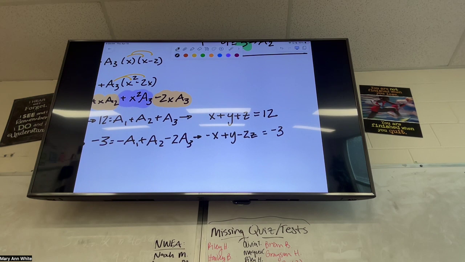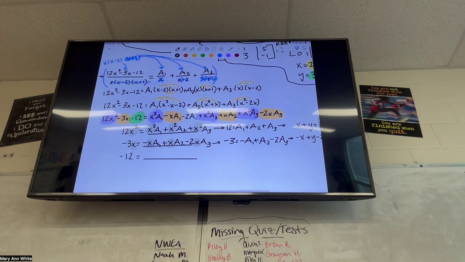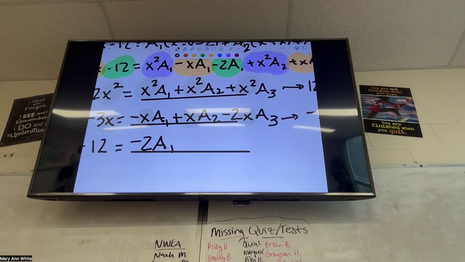See how we're kind of getting to the place that we're used to seeing. Last one. And if you notice, I don't have a lot left. Now I'm doing constants. I've got negative 12. The only thing I haven't touched on that right side is negative 2 a sub 1. Technically, you don't have to write this, but I technically have 0 a sub 2 and I have 0 a sub 3. You guys all okay with that?